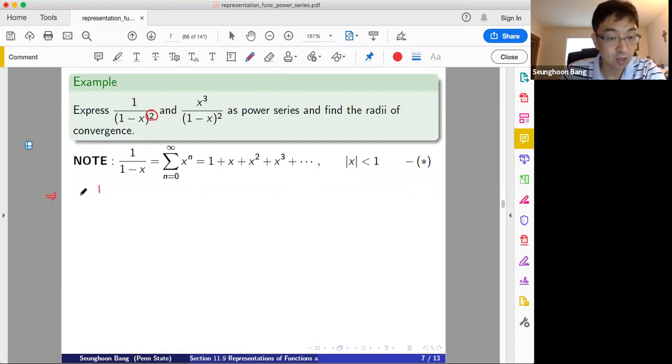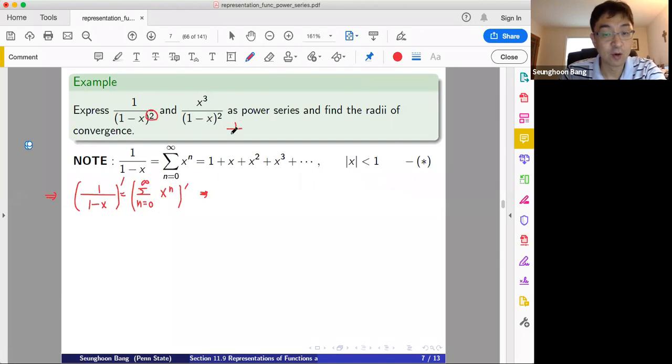You can use 1 over 1 minus x equals summation n equals 0 to infinity x to the power n, and take a derivative of both sides. What is the derivative of 1 over 1 minus x? Do you know that?